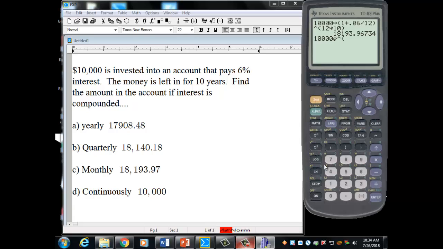E to the 0.06 times 10. $18,221. Does that make sense?